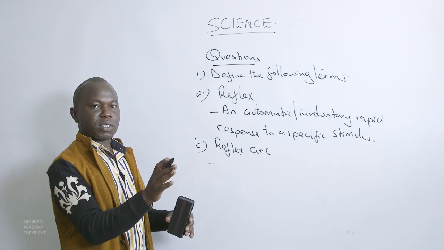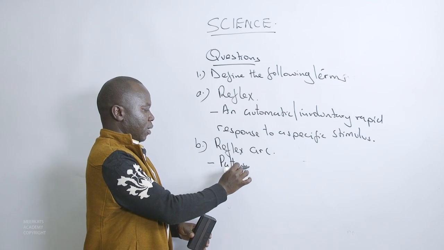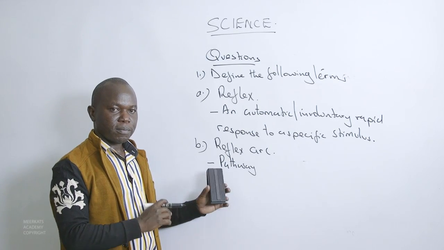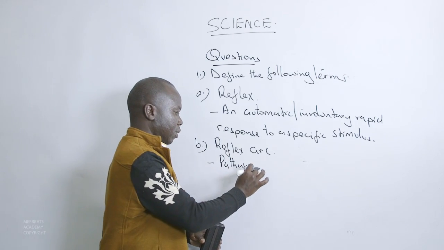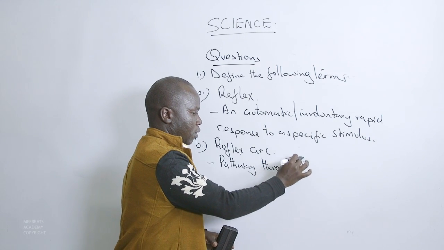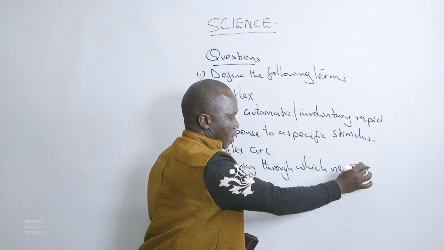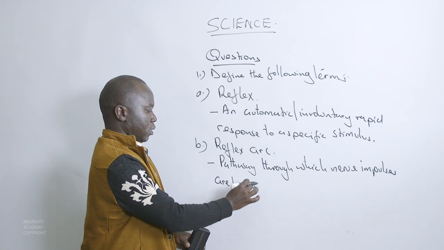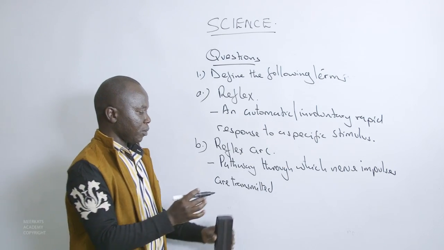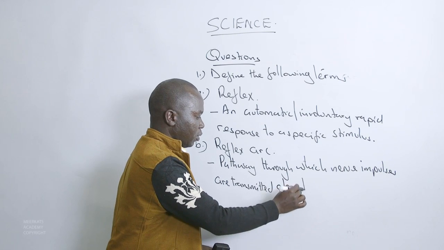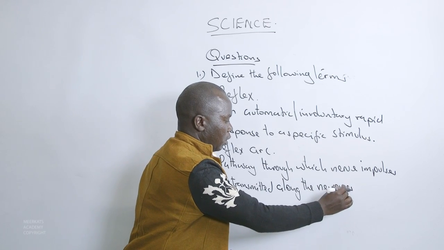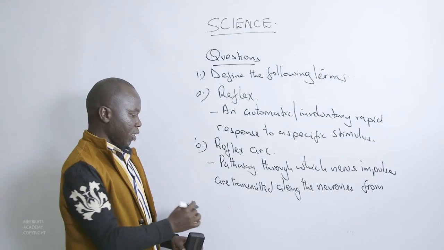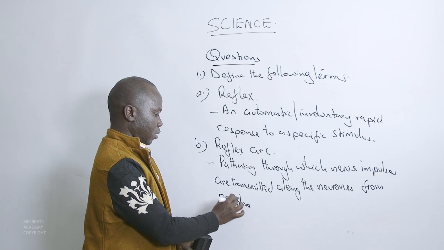So reflex arc, we have said, is the route, the pathway through which nerve impulses are transmitted along the neurons from receptors in the sense organs to effectors.